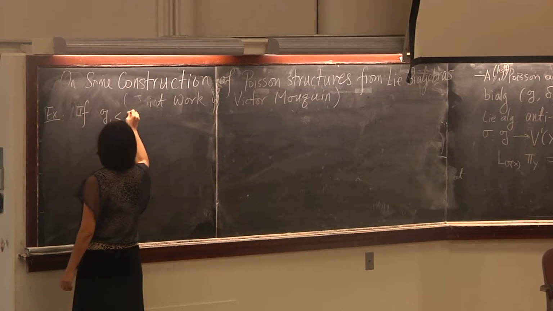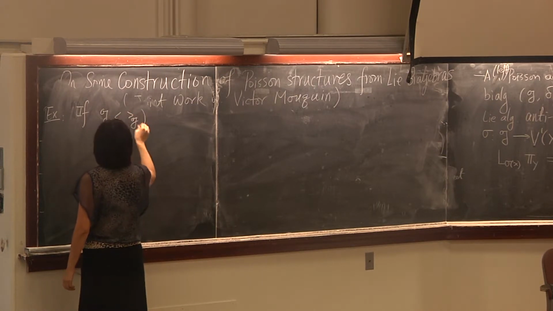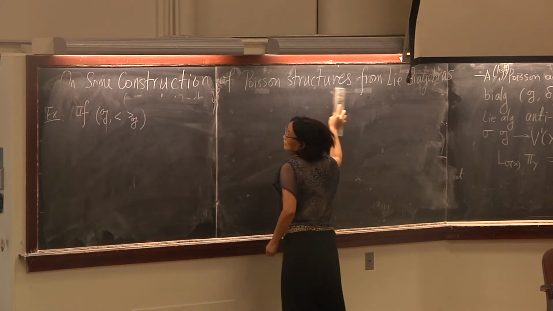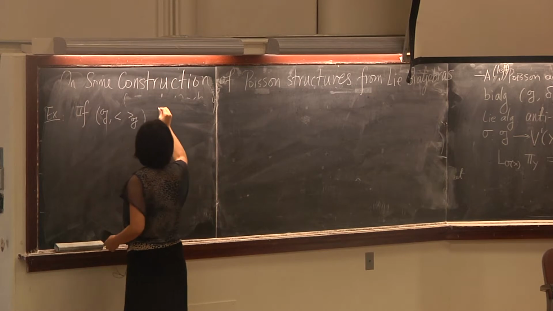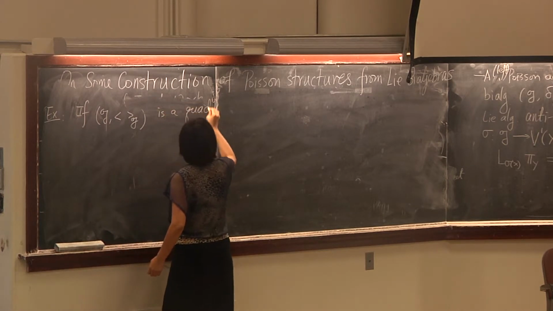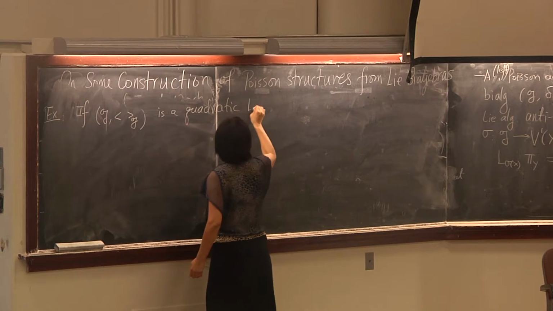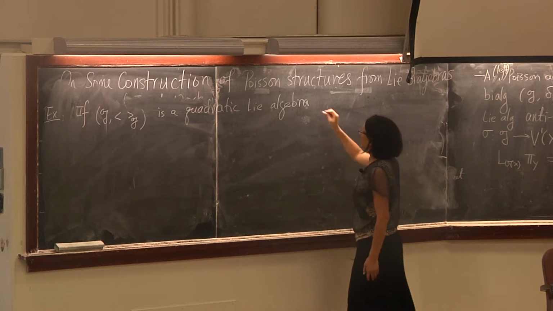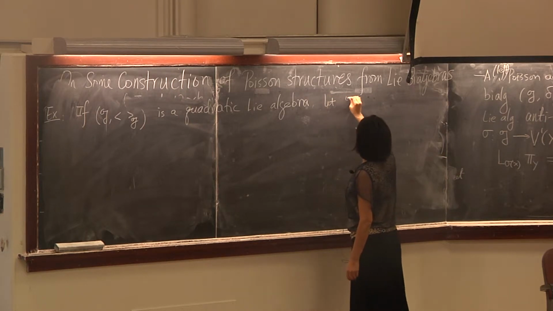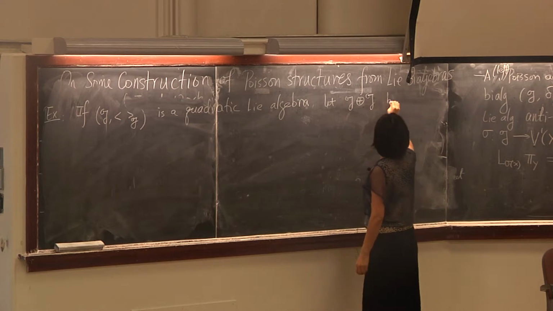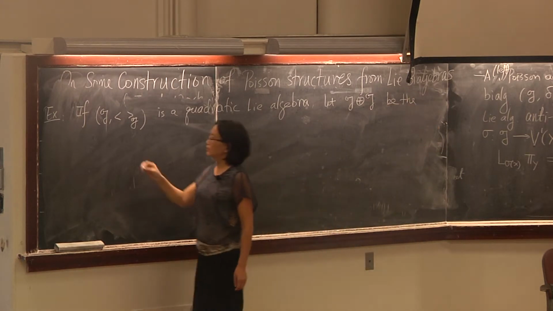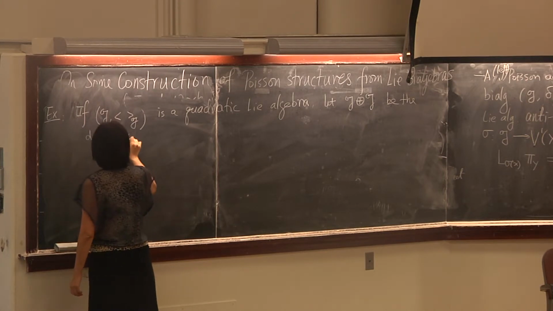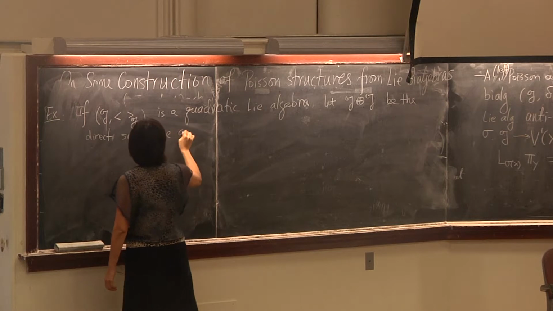If you have what's called a quadratic Lie algebra G, once again by this I mean a Lie algebra with an invariant metric, let G plus G be the direct sum, the direct sum or direct product Lie algebra.